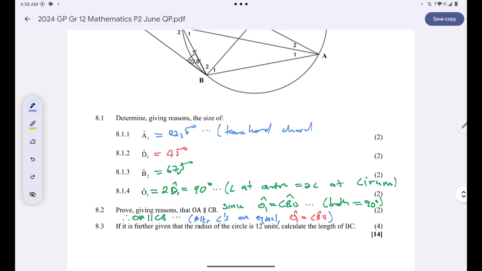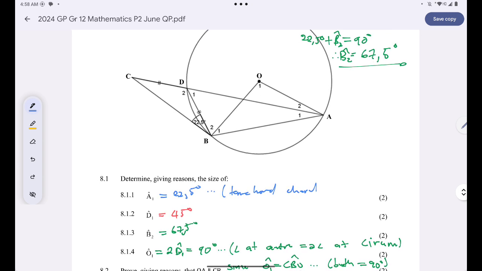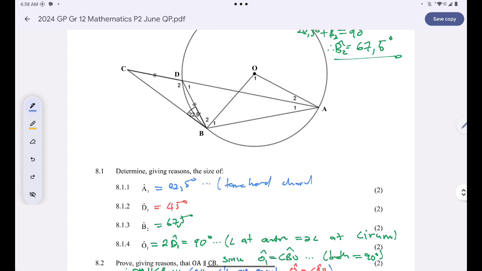Okay, if it is further given that the radius of the circle is 12 units, find the length of BC. Our radius is 12 units. That means I have 12 here, I have 12 there. They want me to find the BC, but please remember that these two angles are equal. Why?